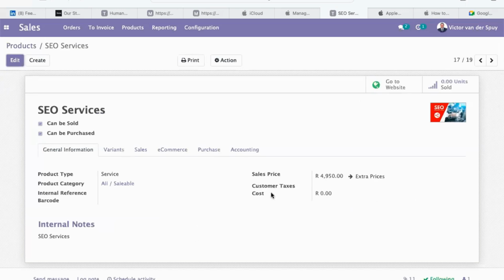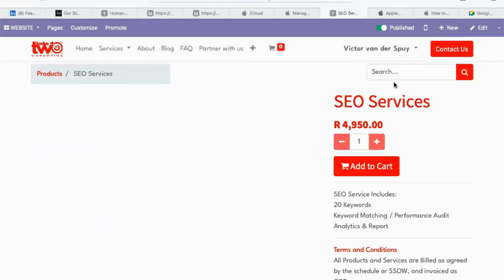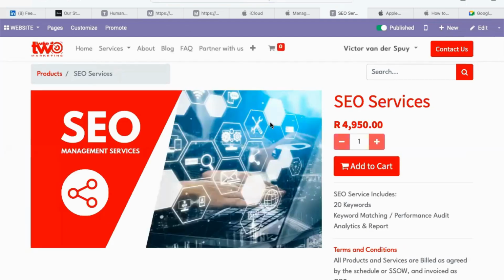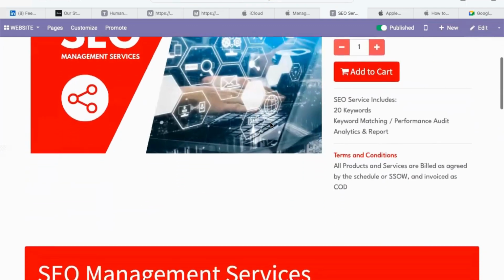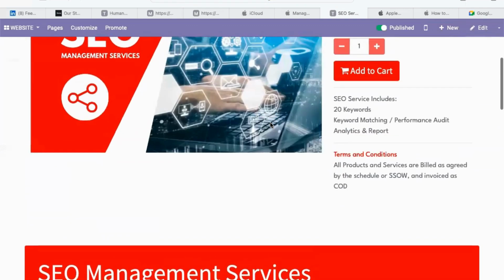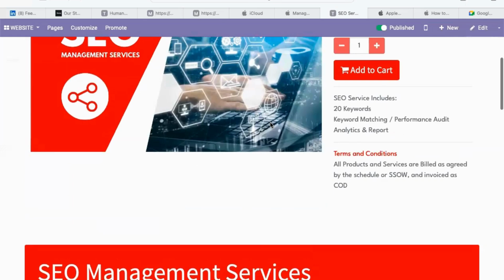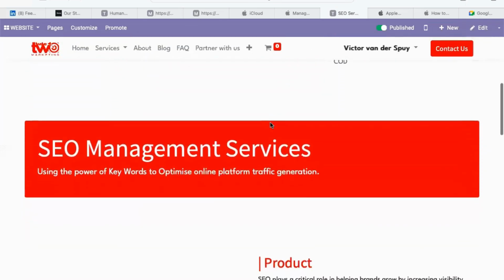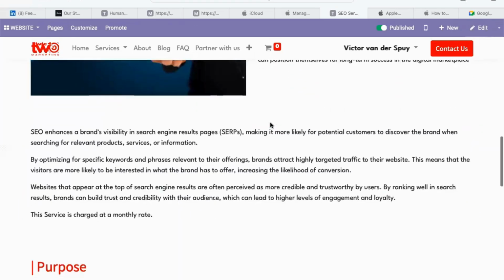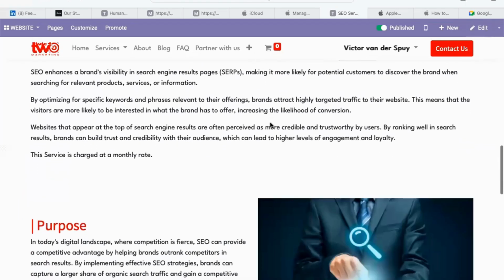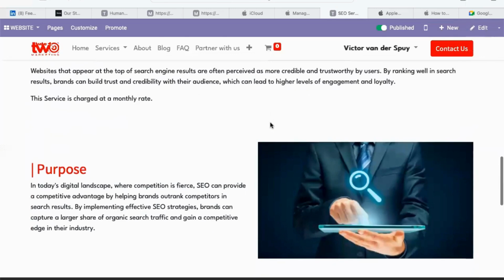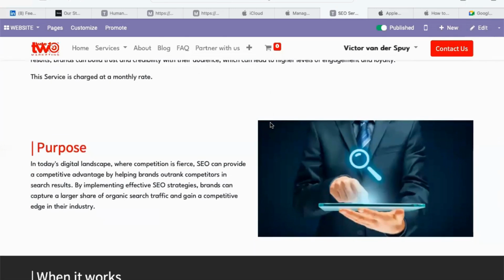search engine optimization, and this, of course, enables the traffic of websites to increase. And so we have 20 keywords as a standard. There are other packages also available on demand. So really, this is geared towards companies who want to do lead generation and want to become more visible on the internet and are looking for a solution to optimize their traffic.